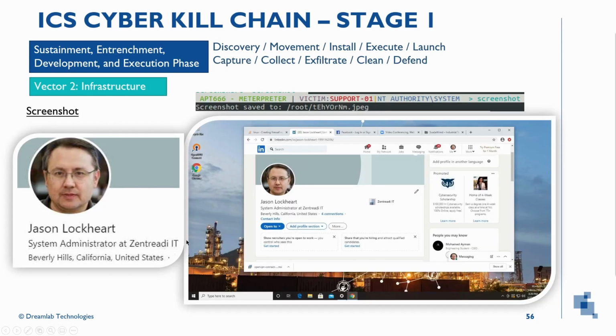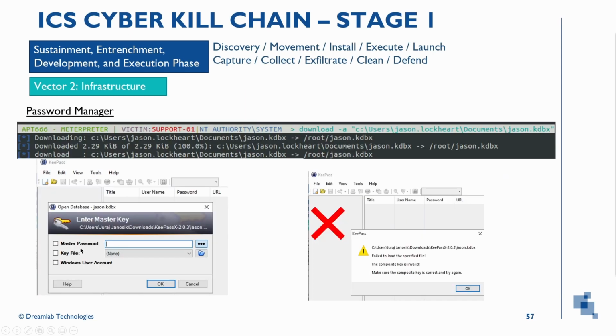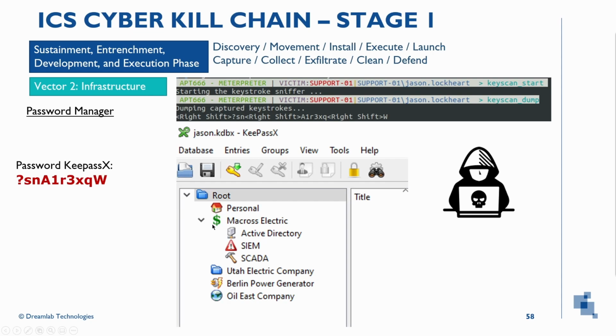If we take a screenshot of the victim, we can see it's a system administrator for an external company, working for Macros power plant. Also, we can use keyloggers to get the password for the KeePass, and we can see he is the sysadmin for a lot of sensitive infrastructure like the SIEM, SCADA, and the Active Directory.